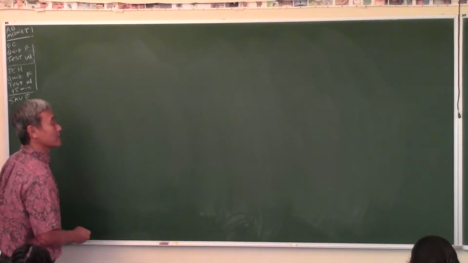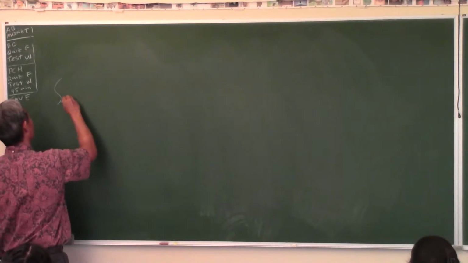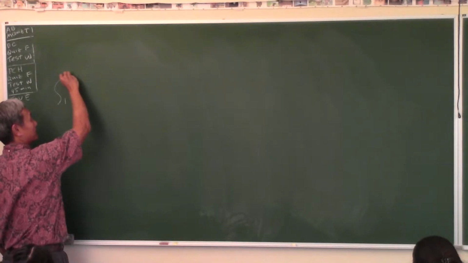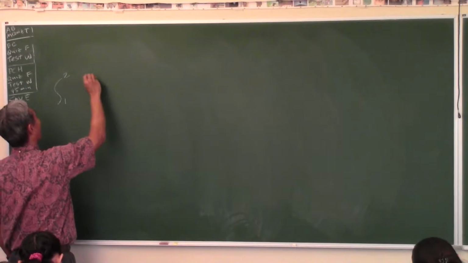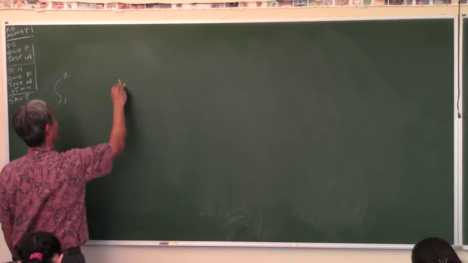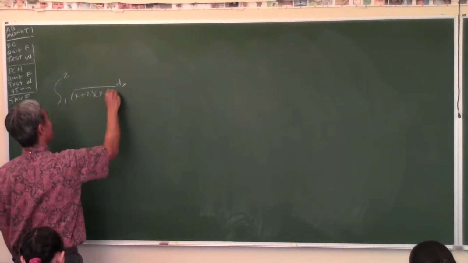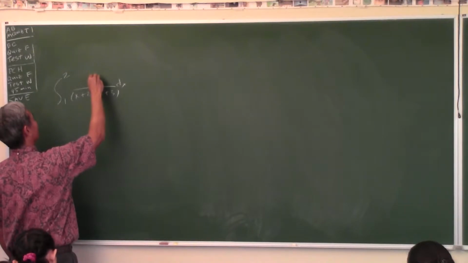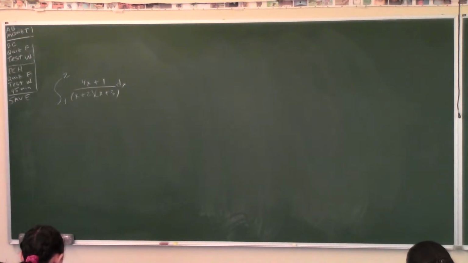Okay, partial fractions. Let's say you have an integral that looks something like this. What's the integral from 1 to, give me a number. 2, that's kind of simple, but whatever. dx, and let's say you have x plus 2 times x plus 3 on the bottom, and on the top, give me something. 4x plus 1.